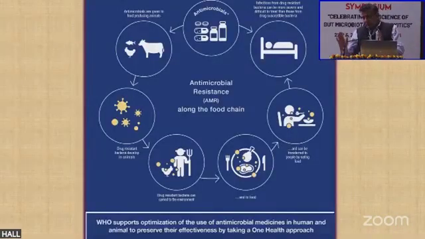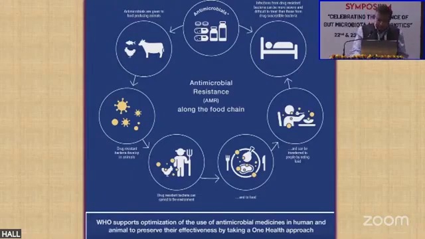Number three, AMR is also the link in One Health. AMR develops when antibiotics are given to animals. AMR develops when antibiotics are given to human beings. So that completes the circle. So it's also a very, very important concept for One Health.